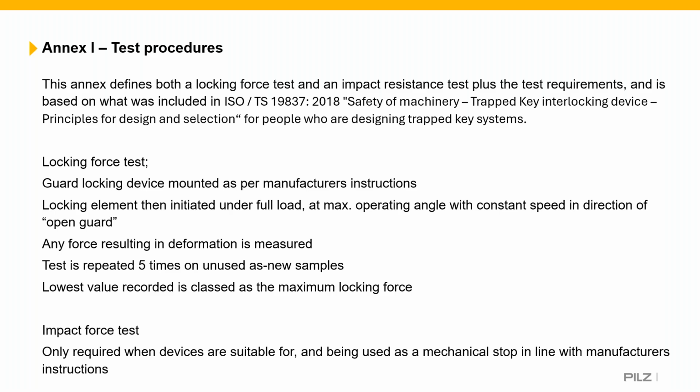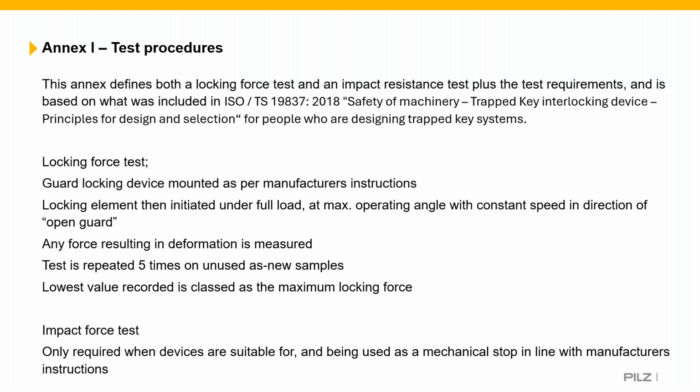They look at the device being initiated under full load. We note deformation in the guard. We need to repeat it 5 times on new and unused samples. And we look at the lowest value recorded and classed as the maximum locking force. We also have the impact force test, which is when we are using the locking switch as a mechanical stop.